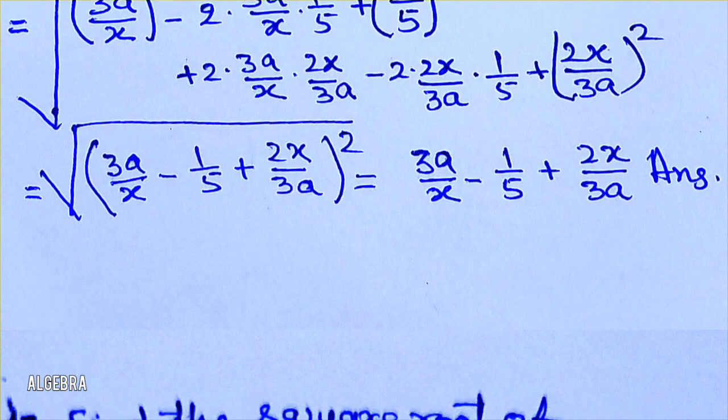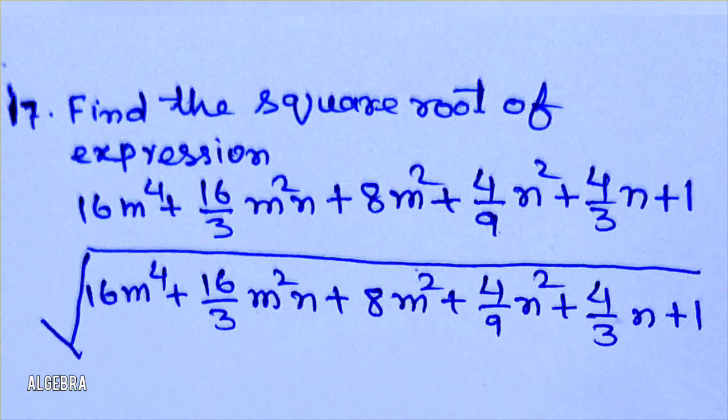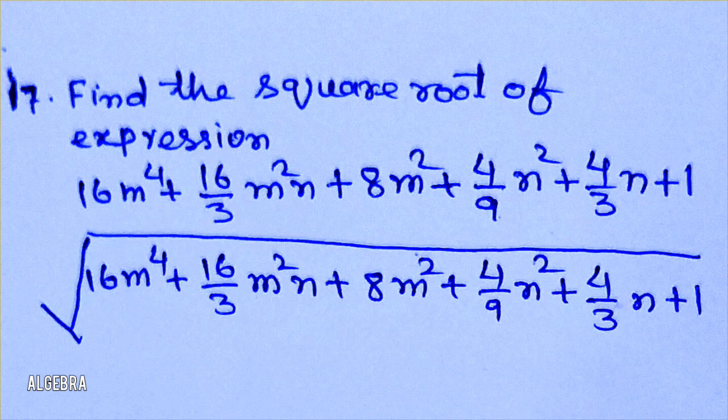Answer. 17. Find the square root of the expression 16m^4 + 16/3 m^2 n + 8m^2 + 4/9 n^2 + 4/3 n + 1.